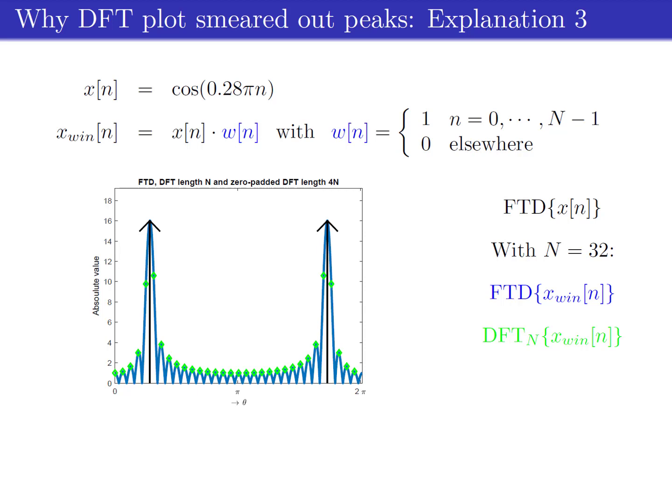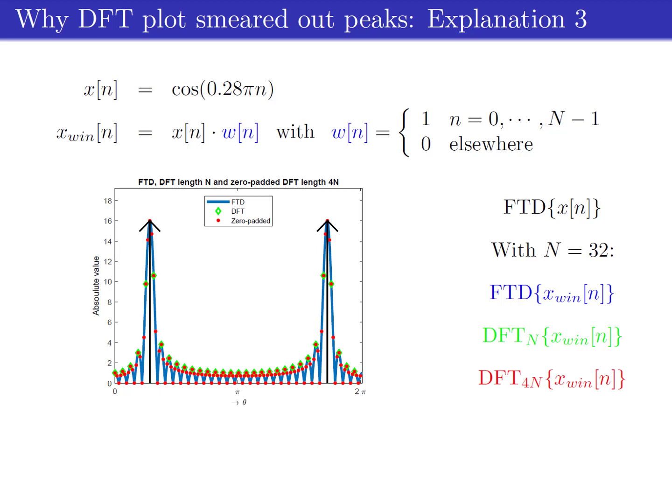From this result, we can see that depending on the relative frequency of the original signal x[n] and on the choice of the length N, the DFT samples may or may not match exactly with the original phasor frequency peaks.